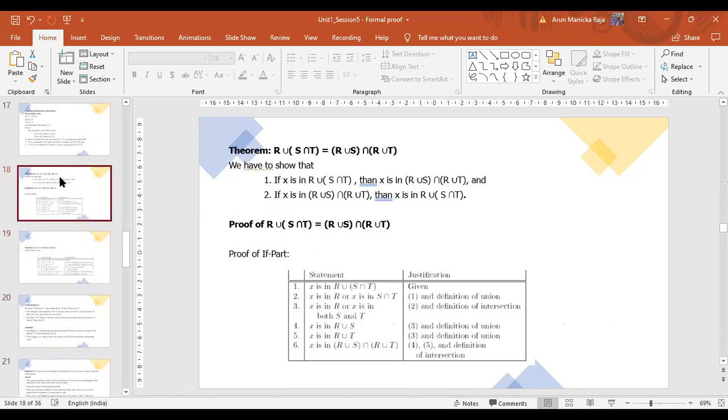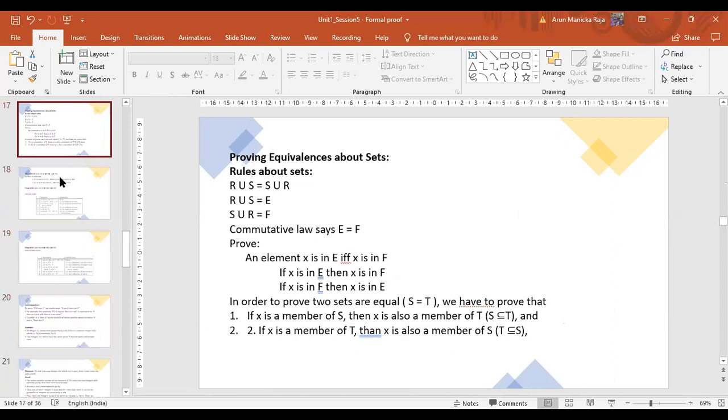Is anyone able to tell me what is meant by contrapositive and contradiction?